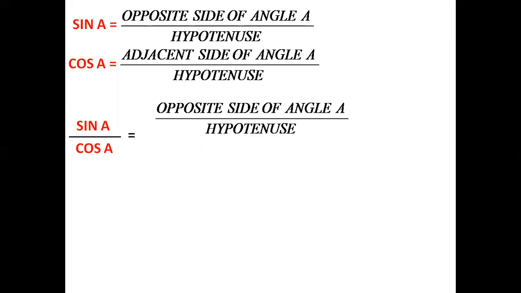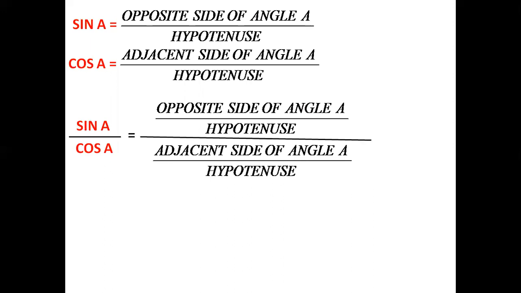Now you have to divide sin A with cos A. That means sin A by cos A is equal to, on the right side also, divide opposite side of angle A by hypotenuse, by adjacent side of angle A by hypotenuse. Here hypotenuse gets cancelled.